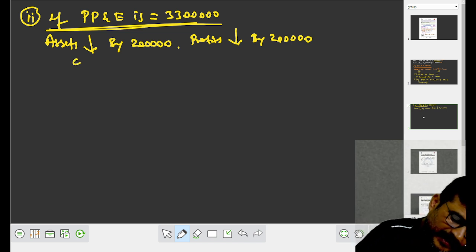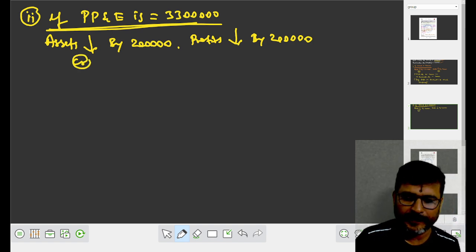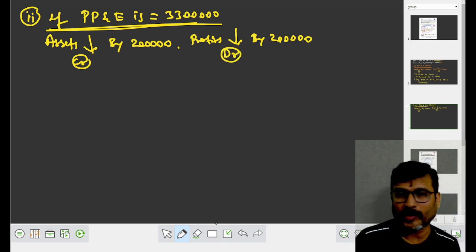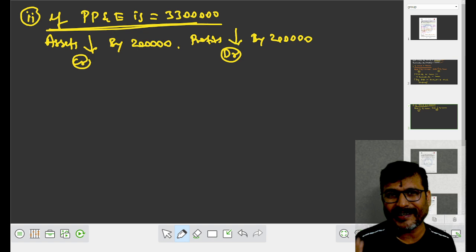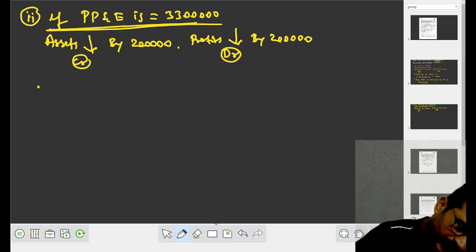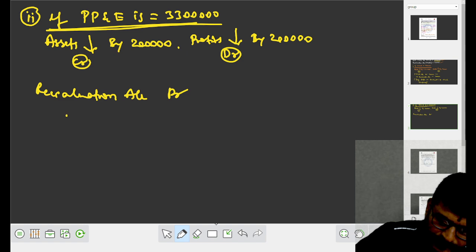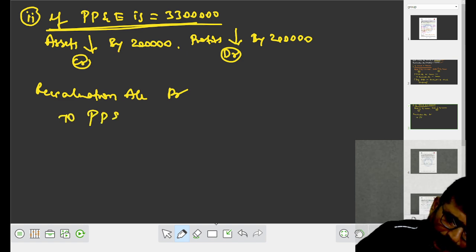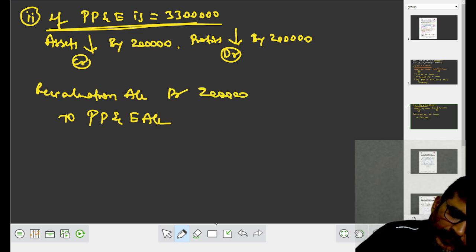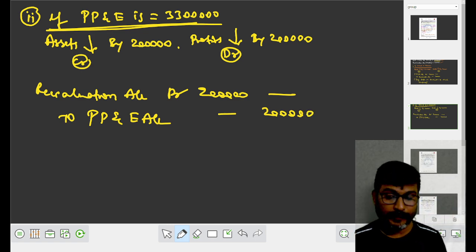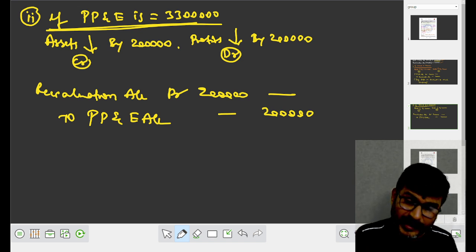When an asset decreases, it is to be credited according to the 5 stars. When profit decreases, it is to be debited, because your income decreases. Now your entry will be: Revaluation account debit to property, plant and equipment account, 2 lakh. Sir, how to write in the exam? My dear students, you have to write like this only.